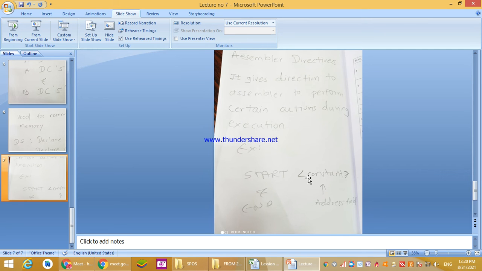Which type of action here? In the operand field we write some constant. Suppose if I write 200 here, it means it is the address field. The START directive gives the direction to the assembler to perform certain action. Here 200 is the address field.